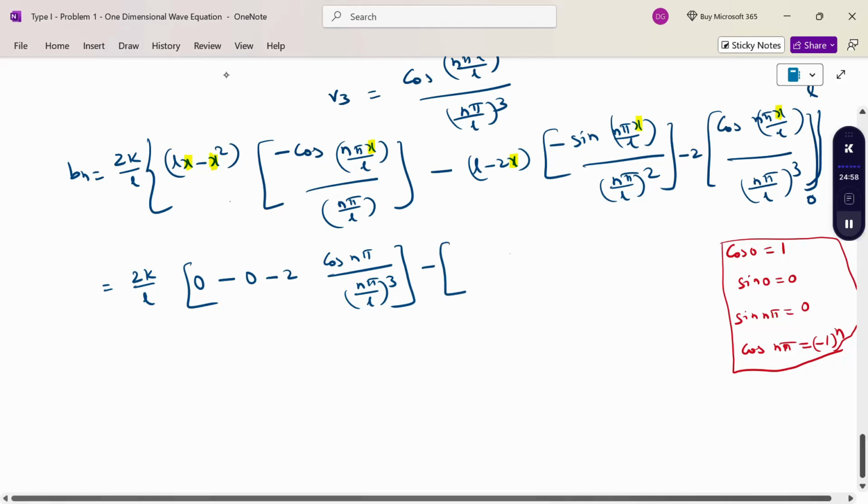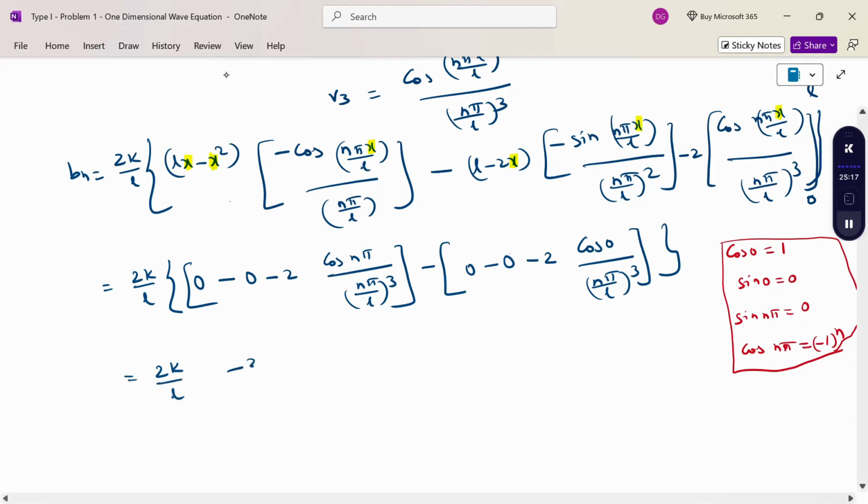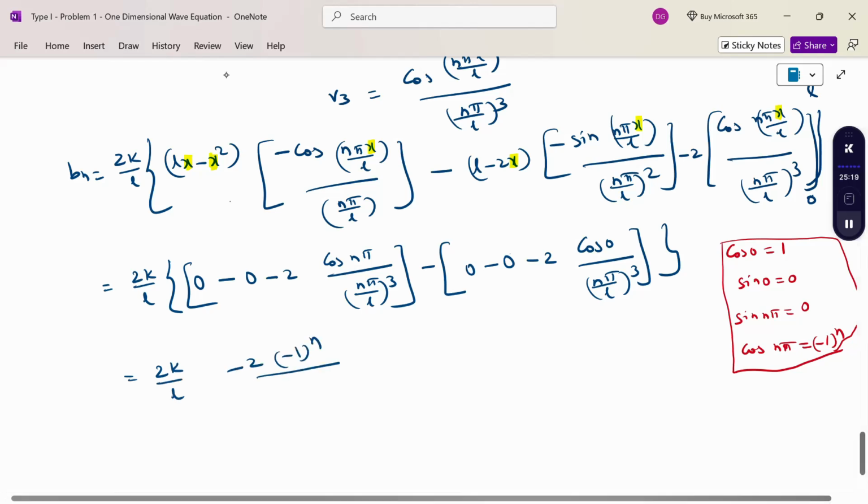Minus the lower limit, substitute 0: so 0 minus 0, sin 0 is 0, then minus 2 into cos 0 by n pi by L cube. Therefore, 2k by L into minus 1 power n by n pi by L cube, then minus into minus plus 2 by n pi by L cube.